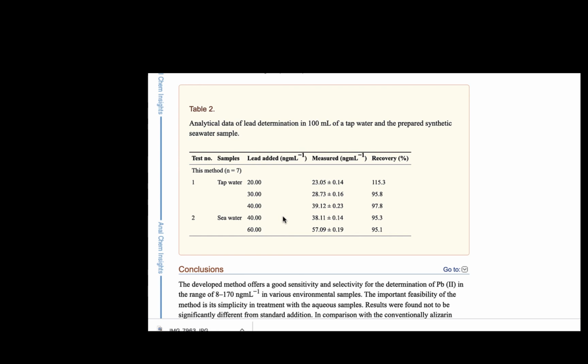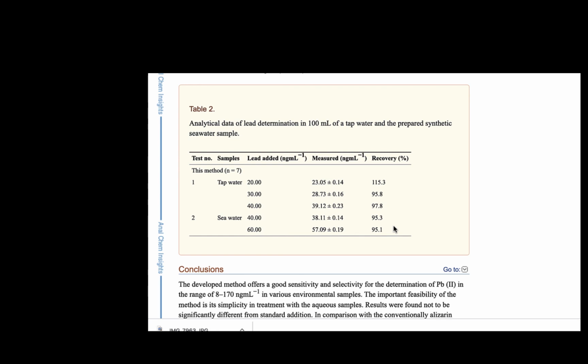What it means instead is that they appear to have a pretty good percent recovery, but they have some systematic errors, because this is pretty good precision, right? It's a little bit higher of a standard deviation here on this 40 sample, but all the other samples are really pretty good for their precision. So it looks like we have some amount of systematic error that could be corrected, so that we would be within our confidence interval.